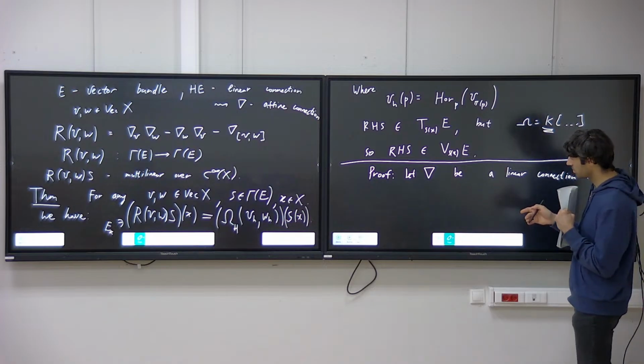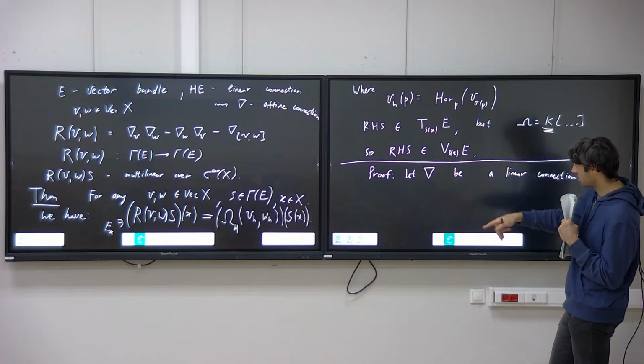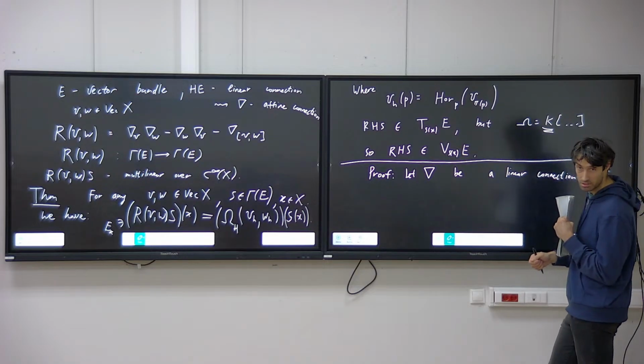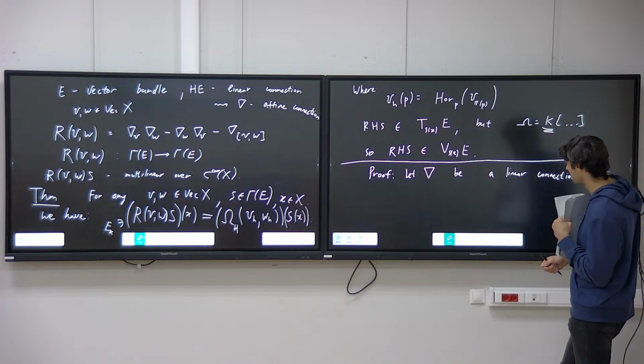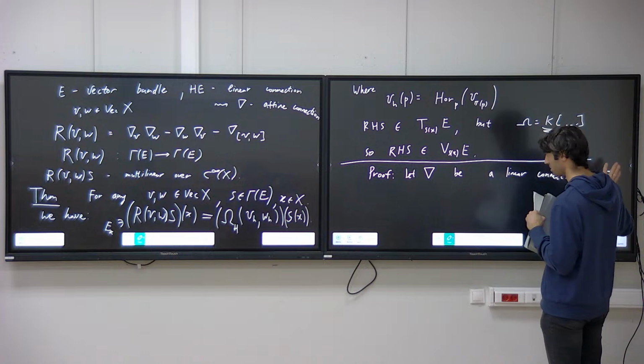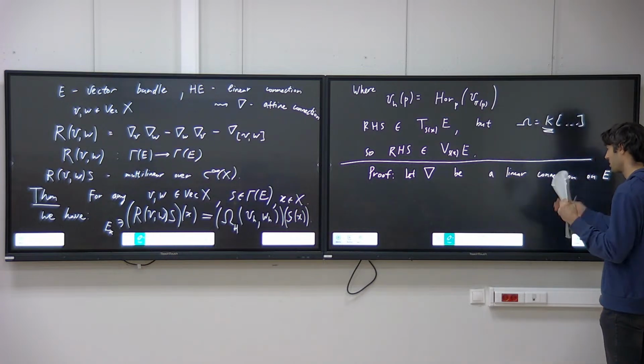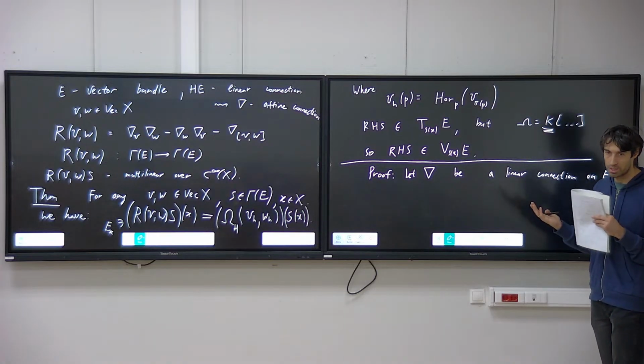At the end of the day, we will apply this not to the E that we started with in the theorem, but to some other vector bundle. Hopefully this will be clear. I don't want to make more letters for vector bundles. So suppose that I have some linear connection nabla.